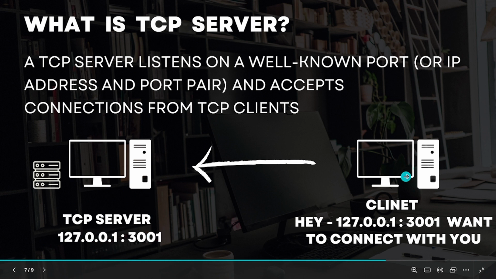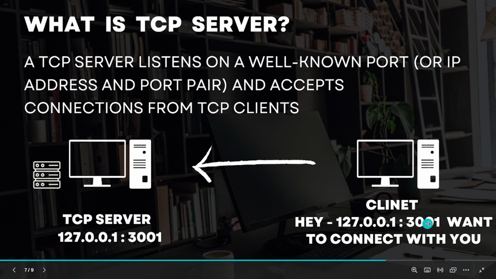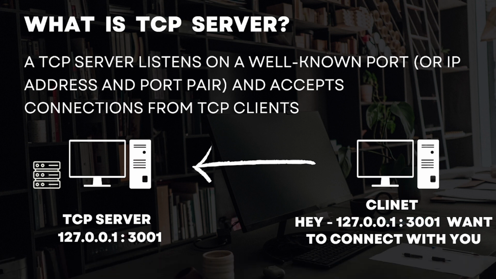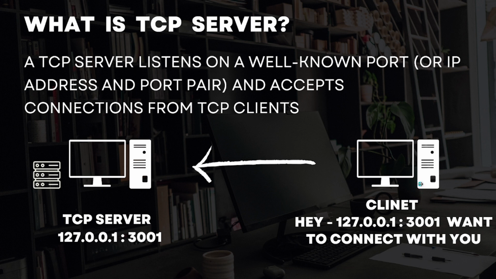One of the clients connects through that IP address and port. It tries to connect to that server using TCP, which is also a protocol that works on the network layer. Here it is telling, hey, hi, I want to connect with you. Once the TCP server receives that request, it accepts it and they both are ready to communicate.